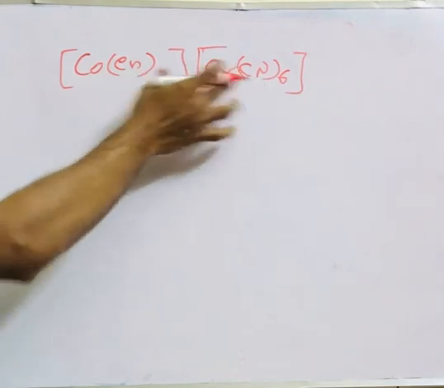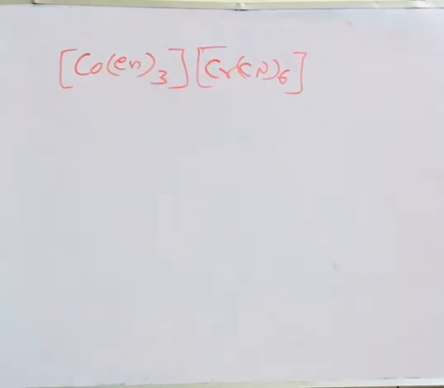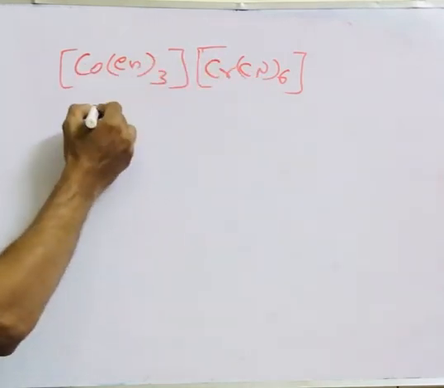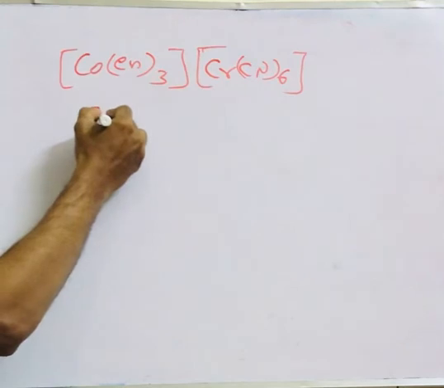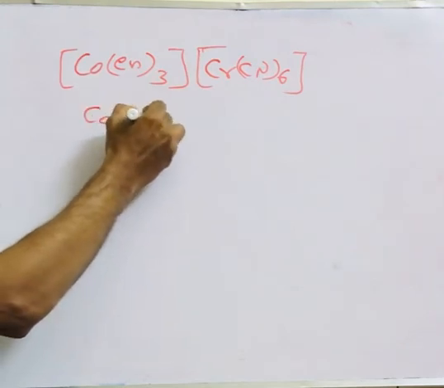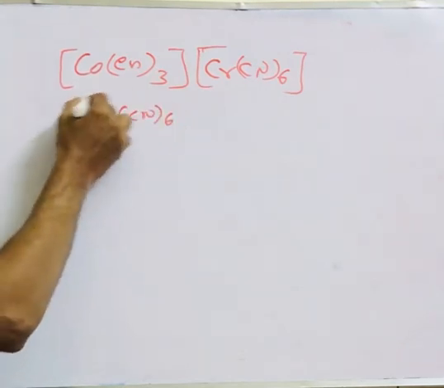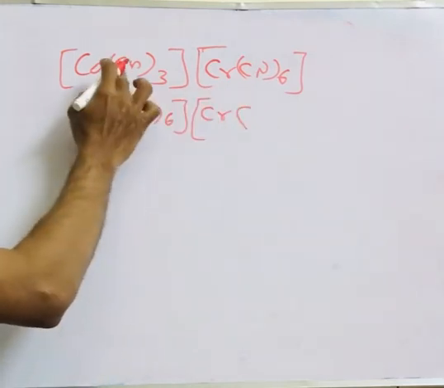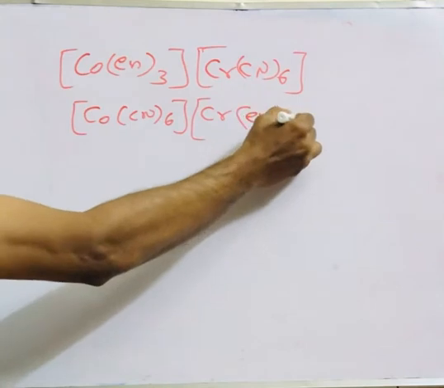Since I have both cation and anion, both are complex ions, it will undergo coordination isomerism. In that case you just exchange the ligands. So what should be the other isomer? Cobalt, very good, CN6, and chromium, next en3, very good, en3.